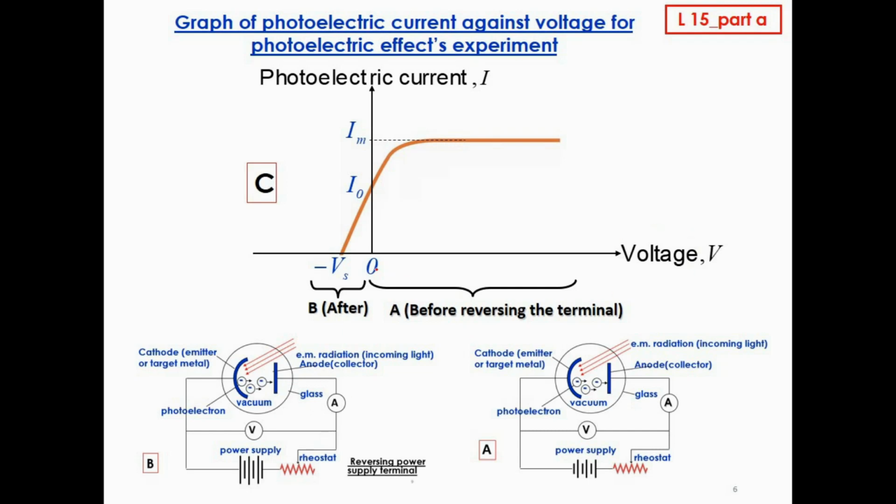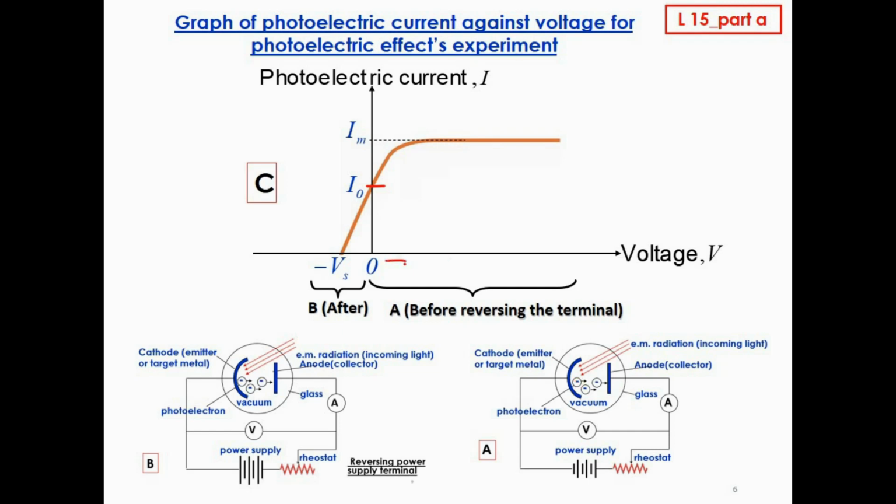When the voltage equals 0, the value of current flow in the circuit is equal to I0. There is still current flow in the circuit, even though the voltage equals 0. The current flows because the electrons emitted from the cathode are collected by the anode.